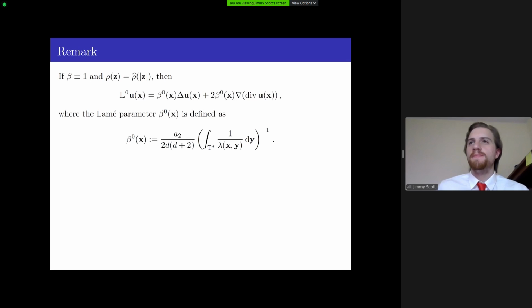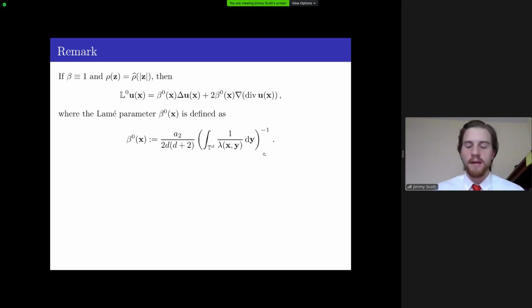So if indeed rho is radially symmetric and the parameter beta is identically 1, what you see is that you get a Lamé-Navier equation with the Lamé constant mu equal to this function here, which corresponds to the Lamé constant mu, but in this case it depends on x.